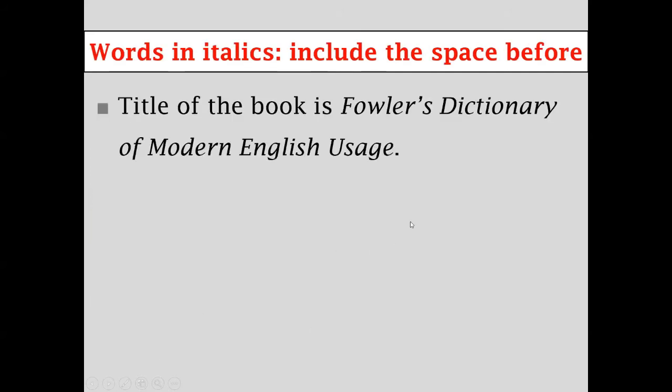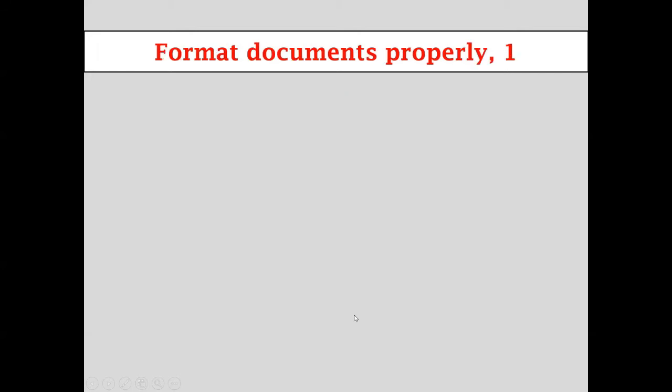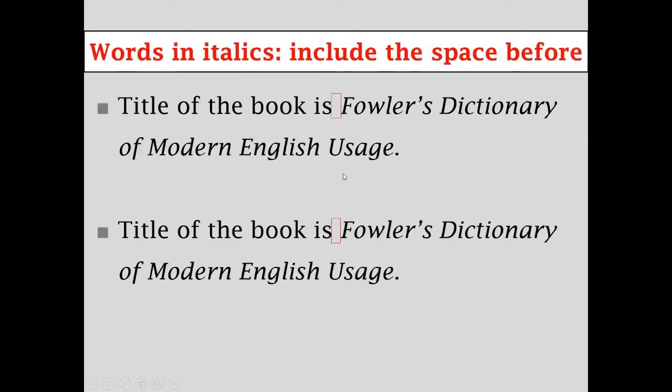When you set words in italics, this is again a good practice: when you select the text, also include the space before the italics start. So italics should include a space before they start and not after.